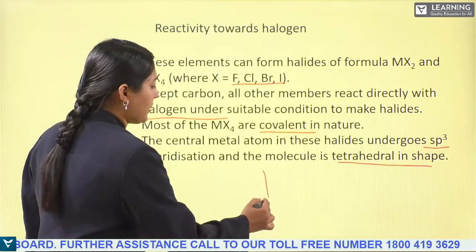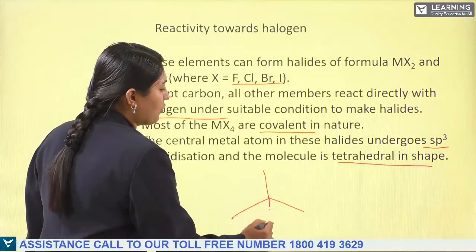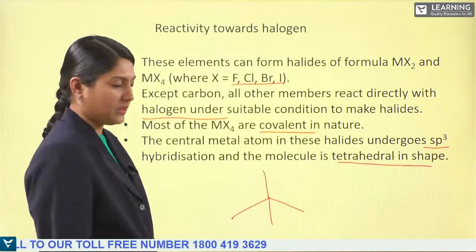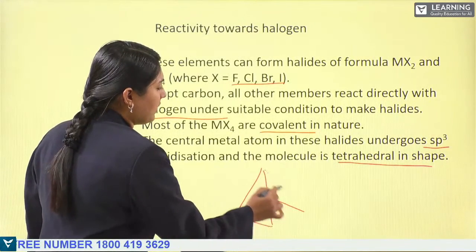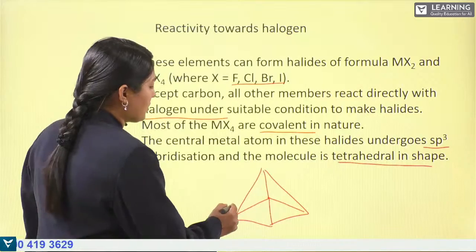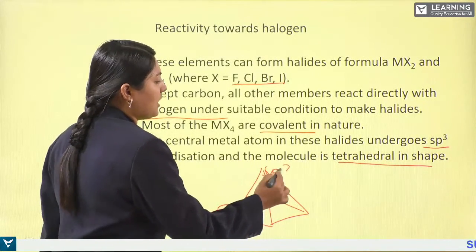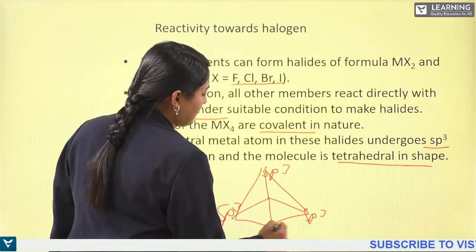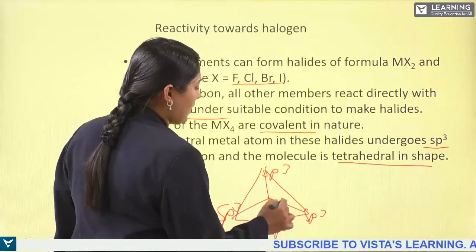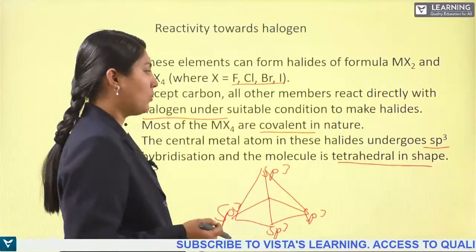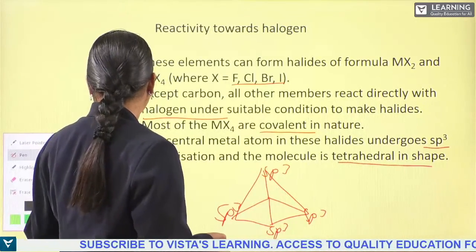If they have sp3, then they will have 4 hybrid orbitals, so they can form the tetrahedral shape, where each sp3 hybrid orbital will be linked with one of the 4 halogens.